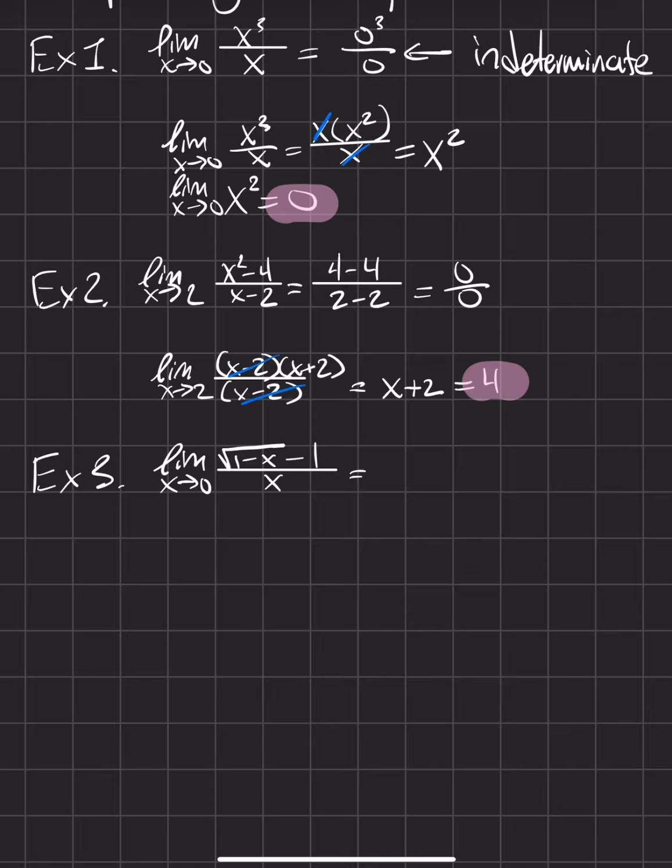So just like before, I'll show you what happens when you try to plug in a 0. You get 1 minus 0 inside the square root, which is 1. So 1 minus 1, that's 0. And then you plug in a 0 for x. And so you end up with 0 over 0, right? So the key thing that you have to remember here is we write this down here so we can start working with the problem.